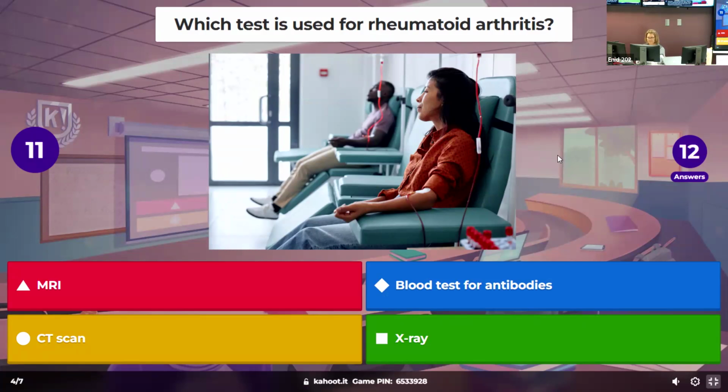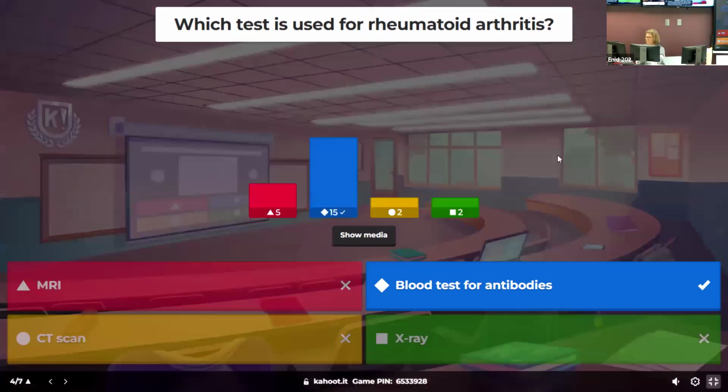X-ray. Good job. Blood test for antibodies. Can I give you guys a little clue if you're taking a test? An MRI, a CT scan, an X-ray are all imaging, right? So which one's different would be the blood test. Just think about those things when you're taking tests. If something is specifically off, different, it may be the answer. So yes, blood test for antibodies. It's an autoimmune disease, remember?